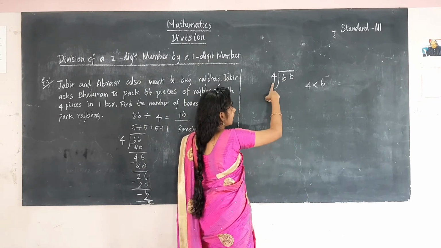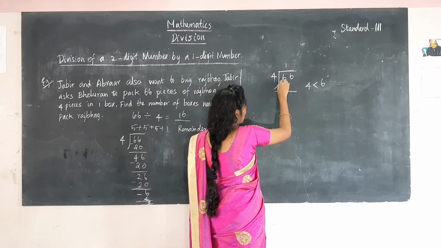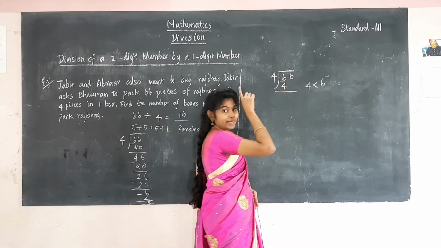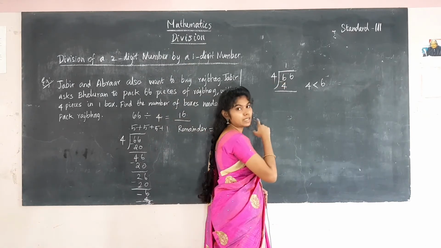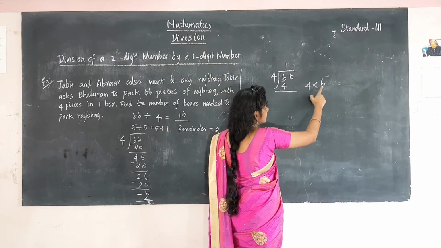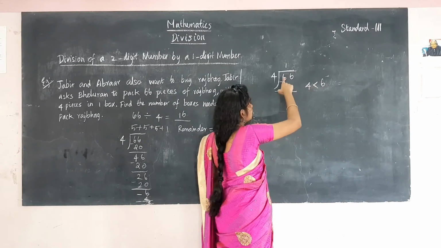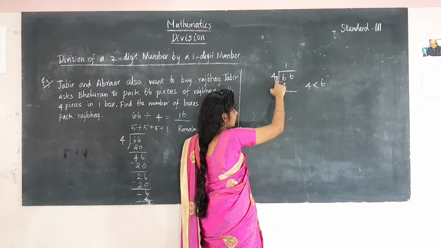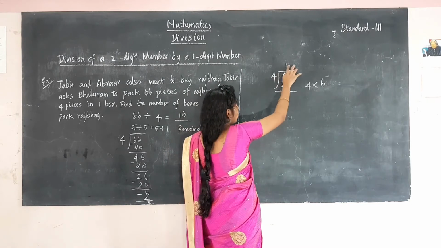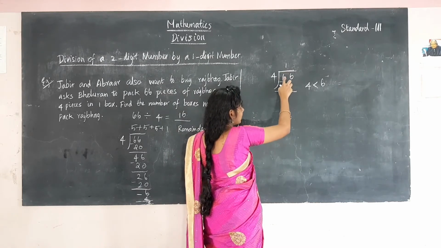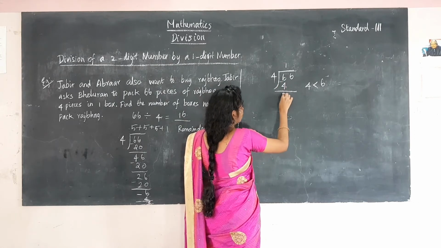Now say the table of 4. 1 4 is 4. Now subtract these two numbers alone, only in the tens place. First we check the divisor and the tens place number. If the divisor is less, you take only the tens place alone and say the table of 4. 1 4 is 4. Now subtract 6 and 4 alone. 6 minus 4 is 2.